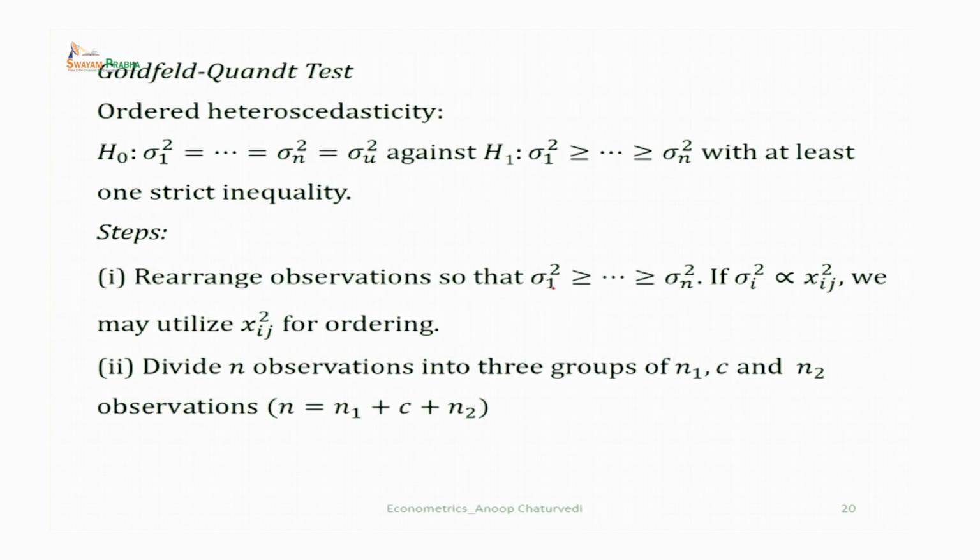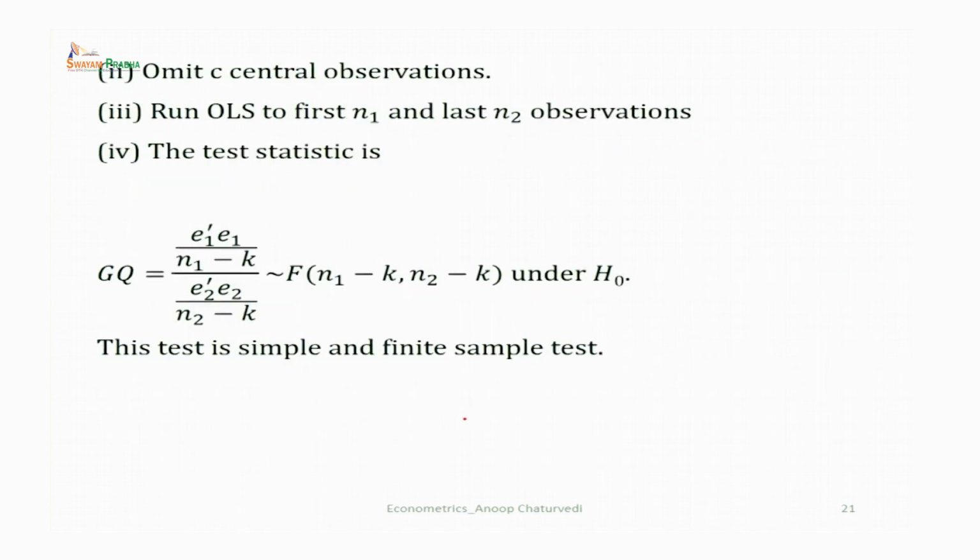We arrange observations so that these variances are in order. Say for example, if sigma_i square is proportional to x_ij square, then we may utilize this information for the ordering purpose. Then we divide n observations into 3 groups, n1, c and n2, so that n is equal to n1 plus c plus n2.